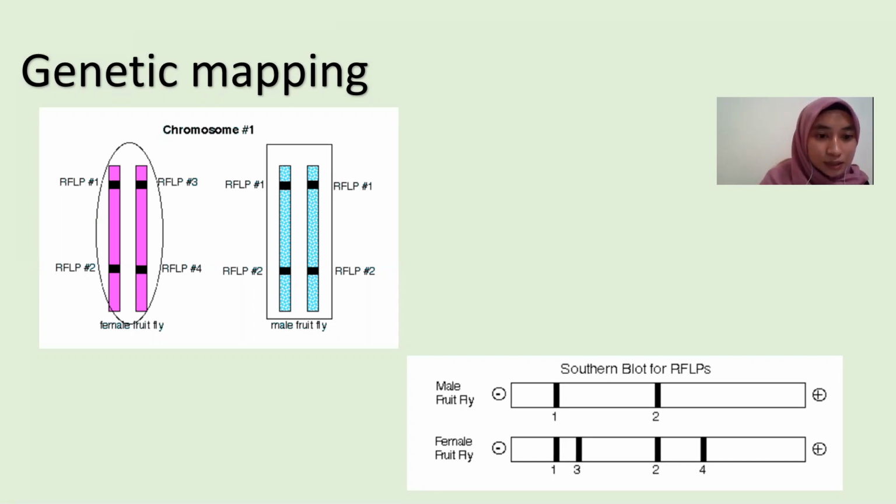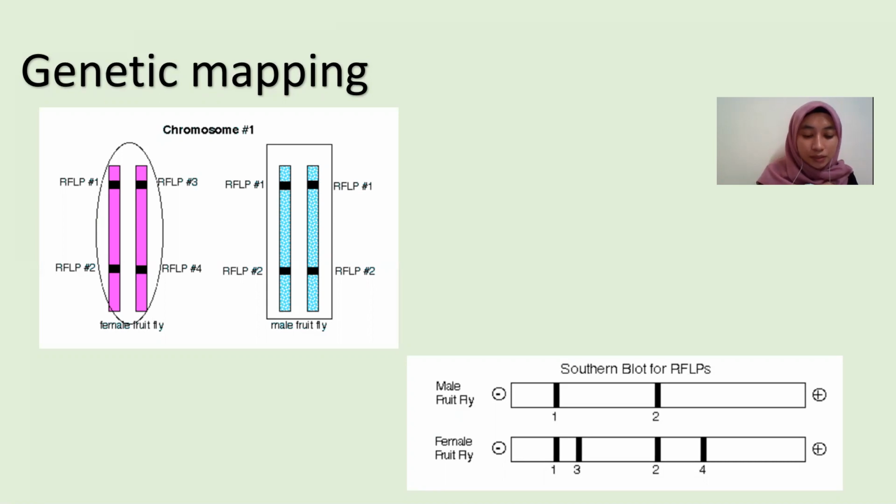This is because the female fruit fly is heterozygous, while the male fruit fly is homozygous. This is further simplified into the Southern blot for RFLPs. As you can see, the male fruit fly has two different bands, 1 and 2, while the female fruit fly has bands 1, 3, 2, and 4.